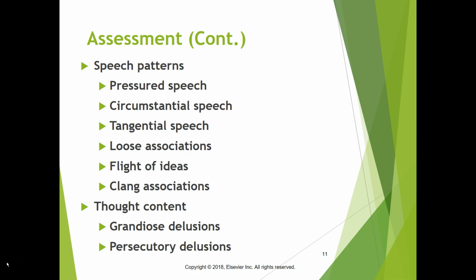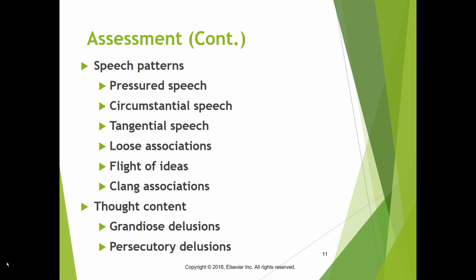Tangential speech is kind of similar to circumstantial, but they don't ever get to their point. So the point is pretty much lost. They start talking about something and go off on a tangent and never get back to what they were talking about.